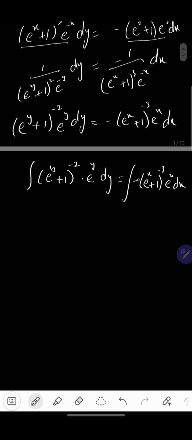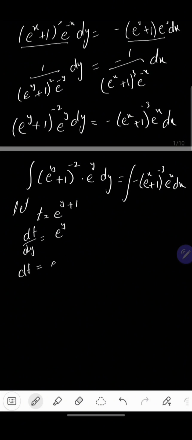Now I will solve either side by the substitution method. Let t be equal to e^y + 1, and the derivative of t with respect to y is e^y. Shifting dy to the right side, we get e^y dy.